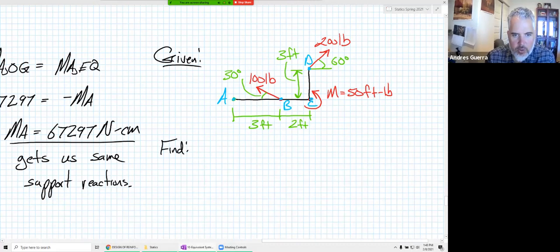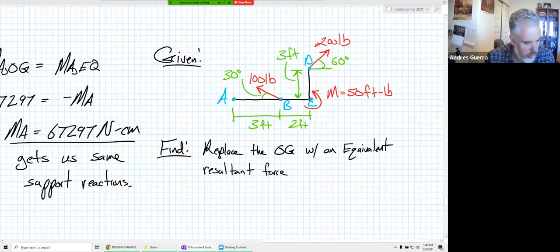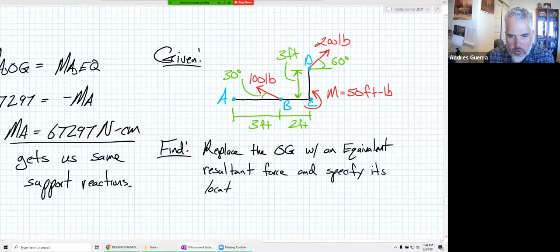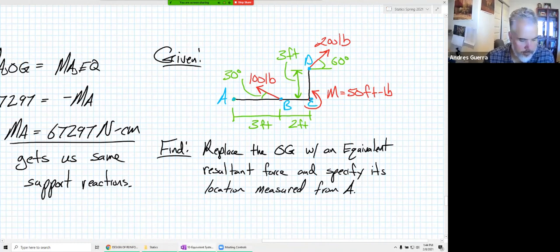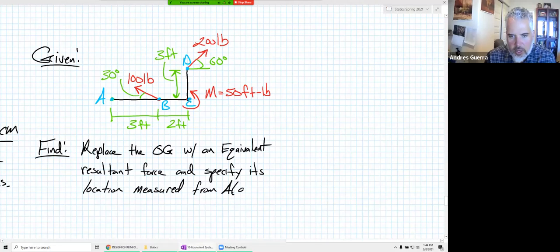And so what they ask us to find for this problem is to replace the original system with an equivalent resultant force and specify its location measured from A. And it does say this is along AC.